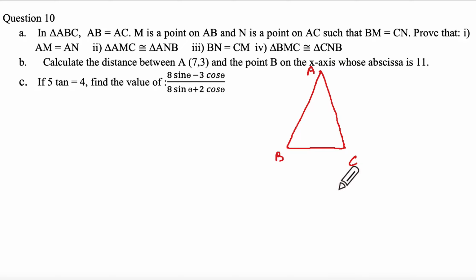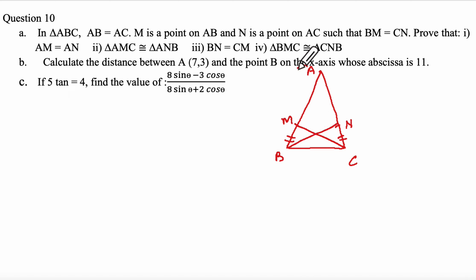AB equal to AC, and M is the point on AB such that BM is equal to CN. So they are telling you this and this are equal. Prove that AM is equal to AN and AM and AB.